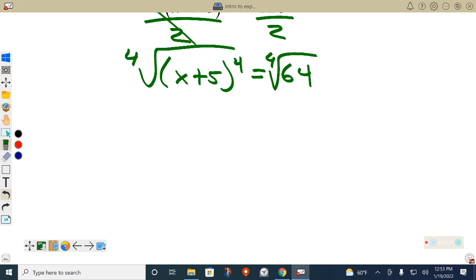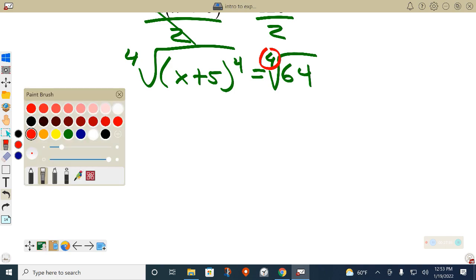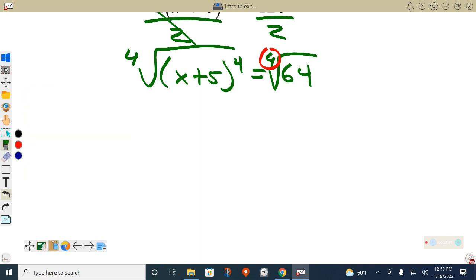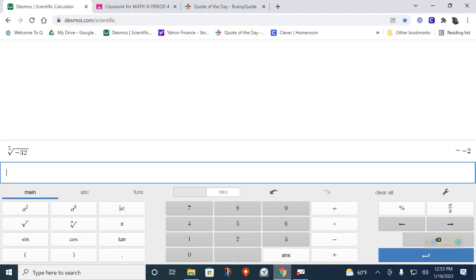We're going to be careful now, because remember, this is an even index, so I know I'm going to have 2 answers right there. Careful. On the right side, I'm going to have a positive and negative. Is it 4? 4 times 4 is 16 times 4? No. Is it 3? Is it 2? What's the 4th root of 64? Let's see.